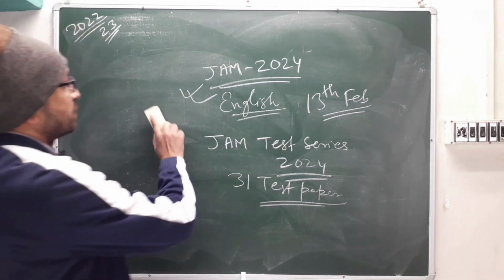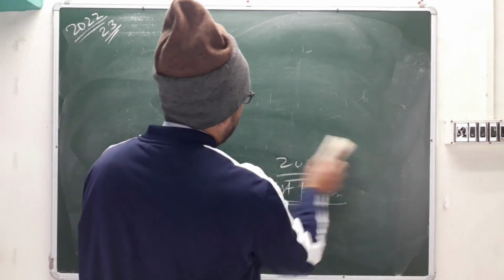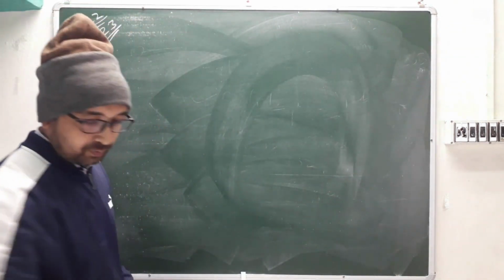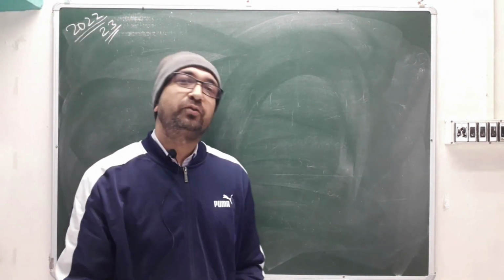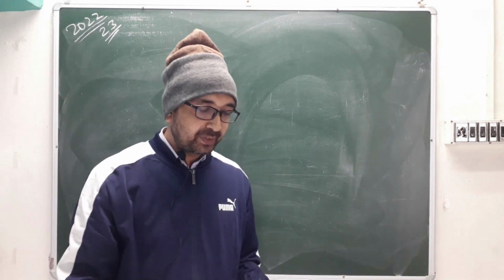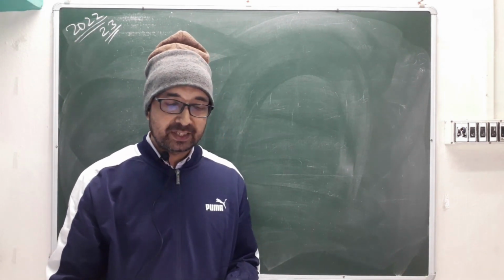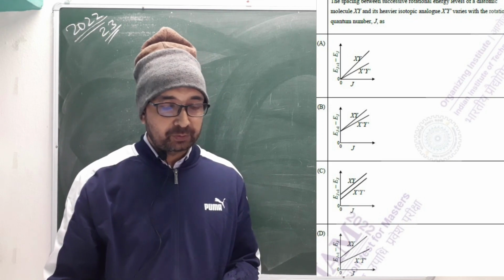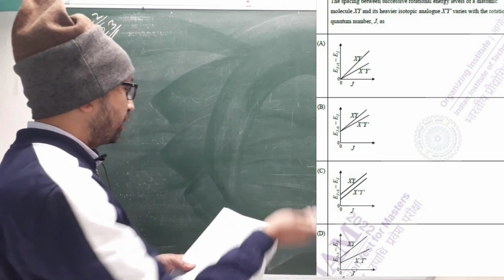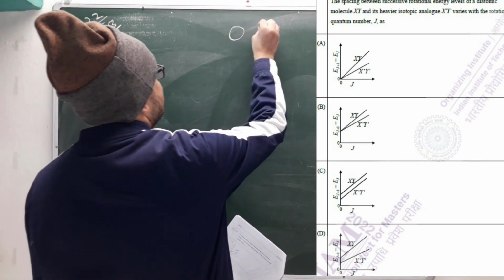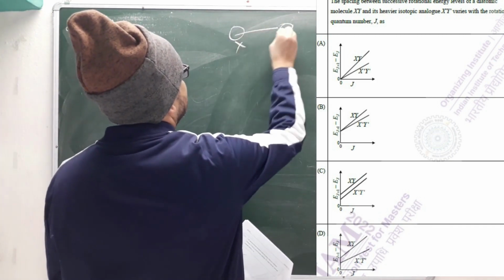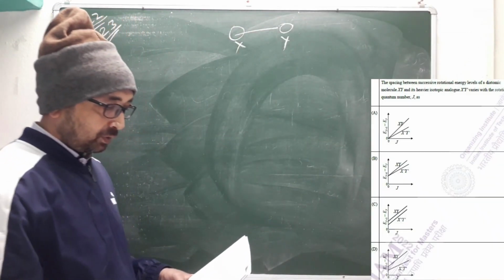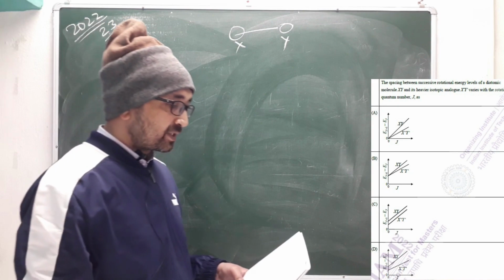Okay, so 2022 question number 23rd. What this question says, now you can see the question on screen. It is the spacing between successive rotational energy levels of a diatomic molecule XY. One diatomic molecule is there which is X and Y, and its heavier isotopic.